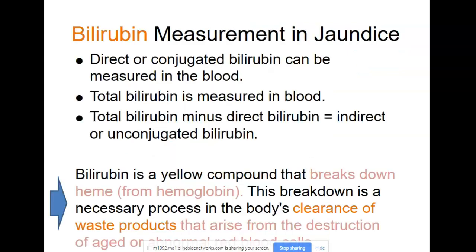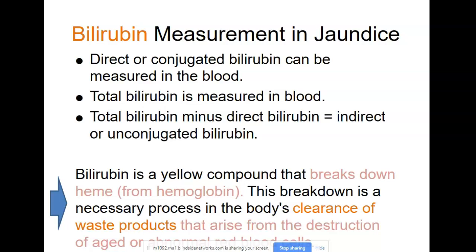Since we're talking about jaundice, let's take a minute and talk about bilirubin. Bilirubin is something we hear a lot about, especially in babies. Bilirubin is kind of this yellowish orange compound, and it's really important in breaking down heme. Remember, heme comes from hemoglobin.